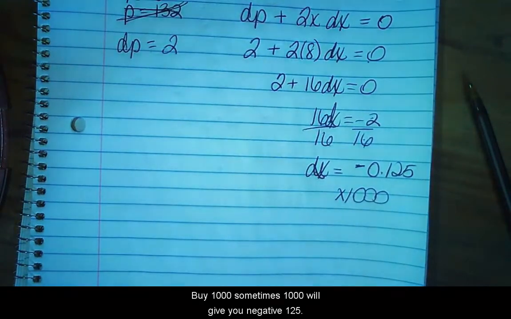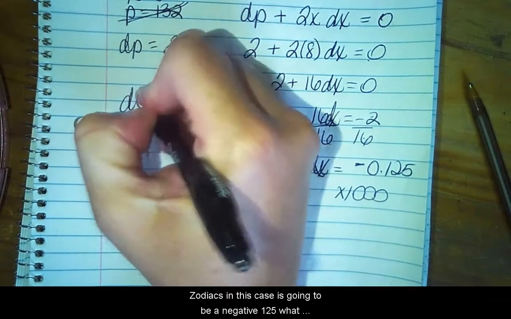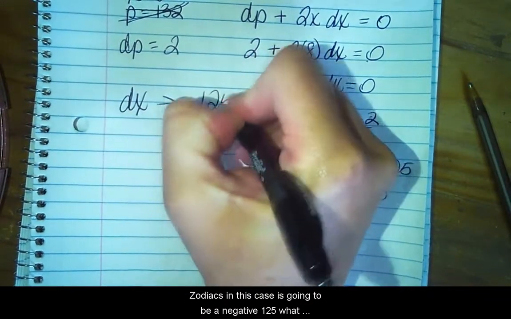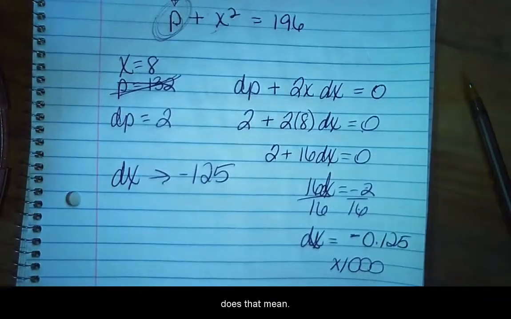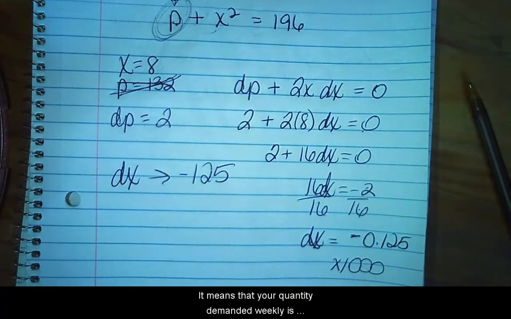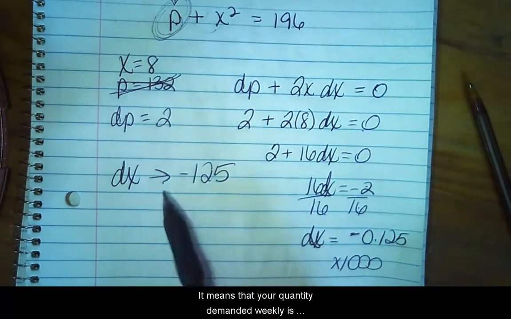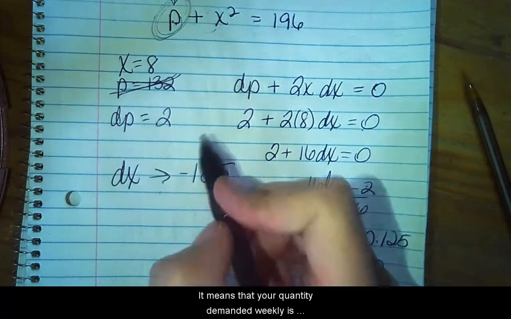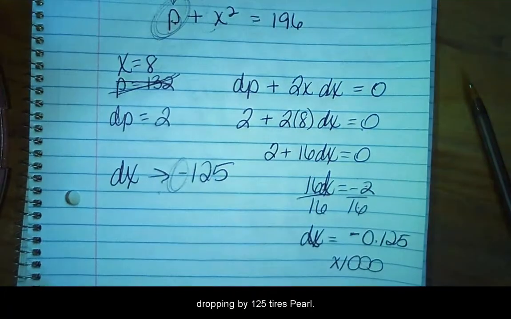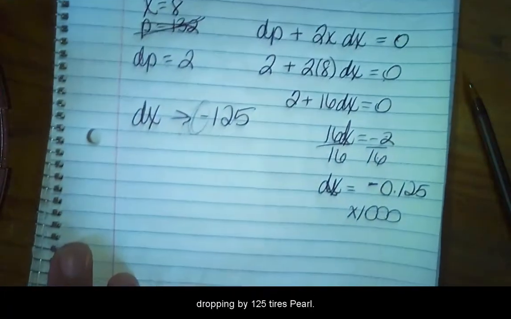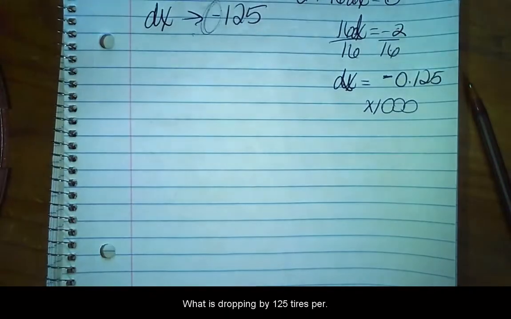So times 1,000 will give you -125. So dx in this case is going to be -125. What does that mean? It means that your quantity demanded weekly is dropping by 125 tires per week.